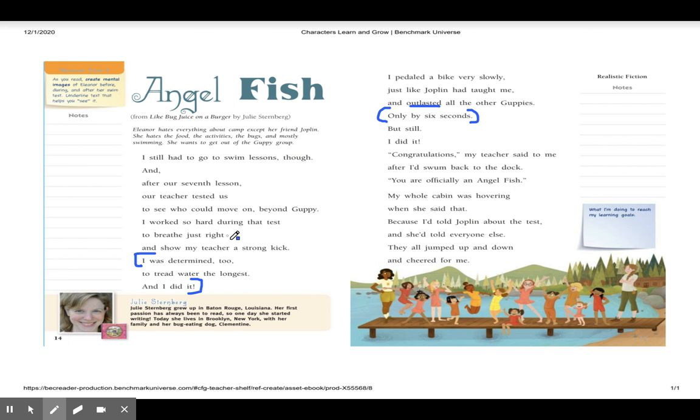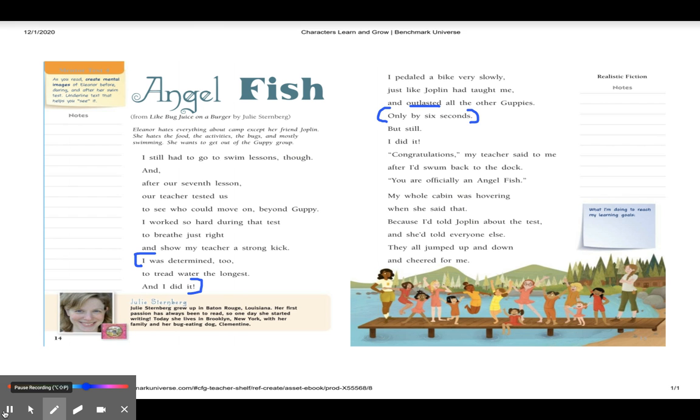So using this and knowing that she beat them by 6 seconds, I can tell that it was during the water test, and that we defined the word tread, which means to pedal slowly in the water. So using these context clues, I can define outlasted as maybe taking being in the water longer than the other guppies by 6 seconds.